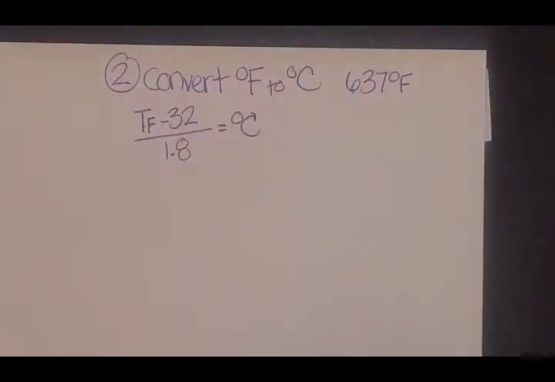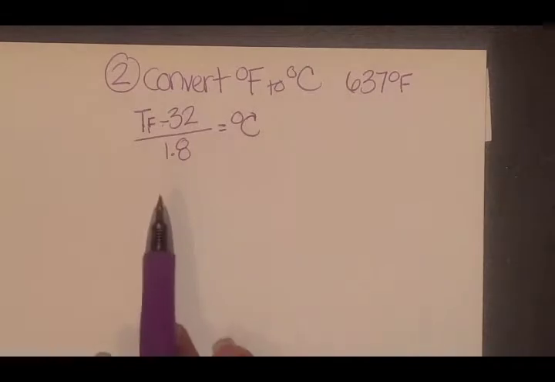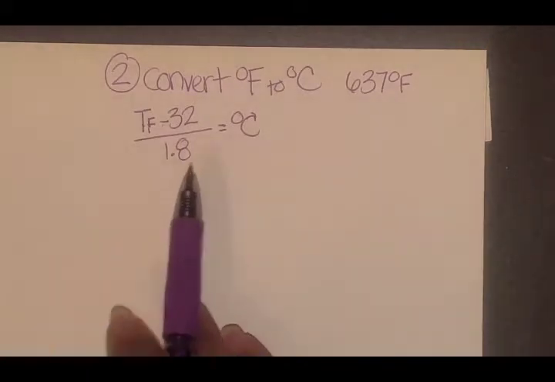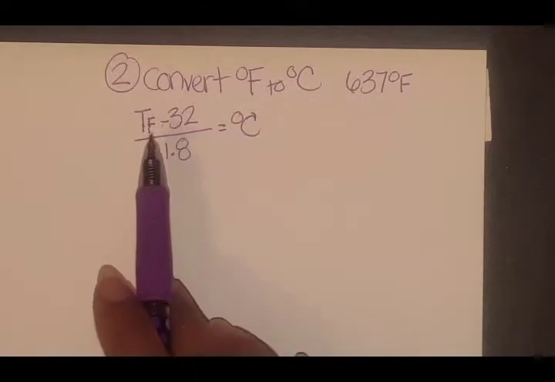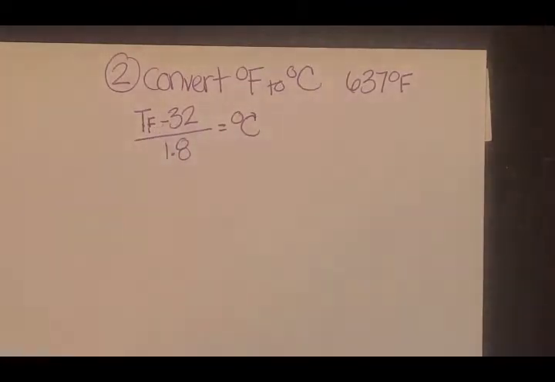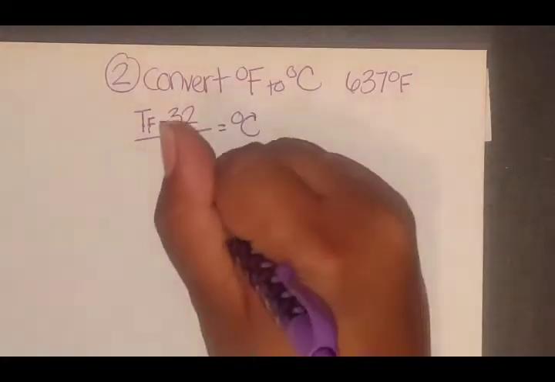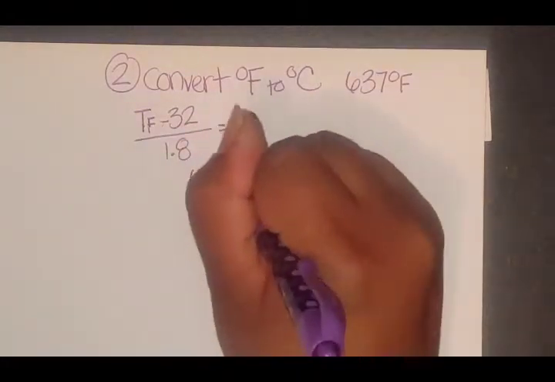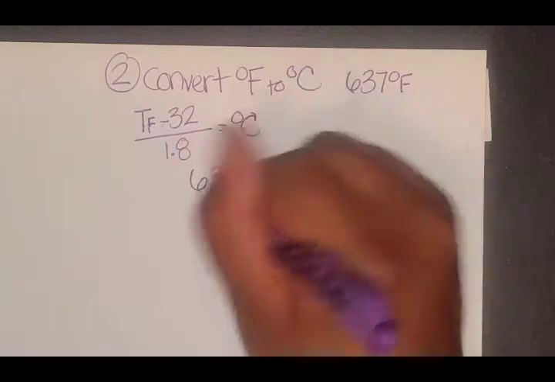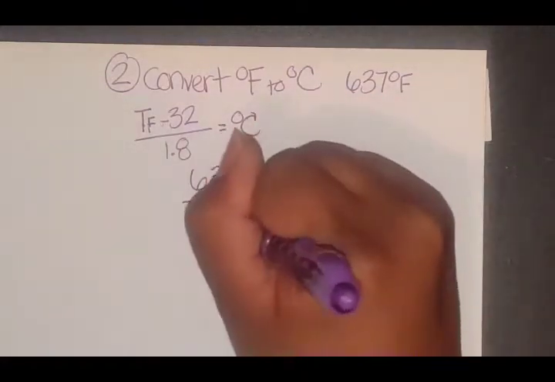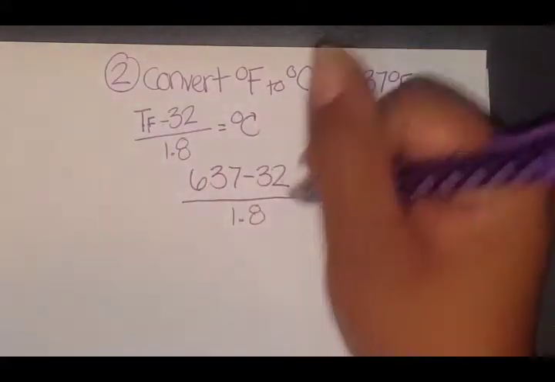And now we're going to convert our degrees Fahrenheit to degrees Celsius. This is the equation we're going to be using for this. We're just going to plug in the degrees Fahrenheit into this equation, which would be 637 minus 32 over 1.8.